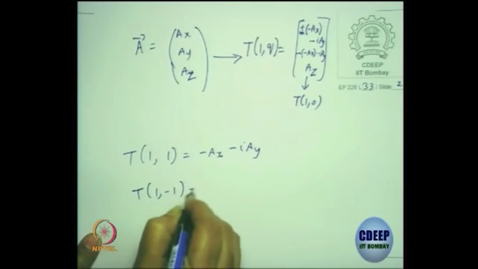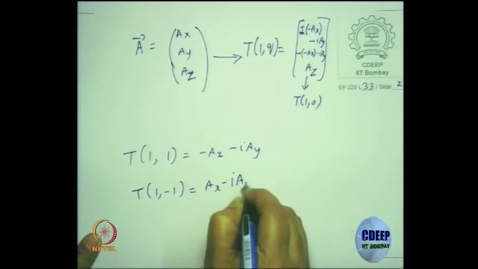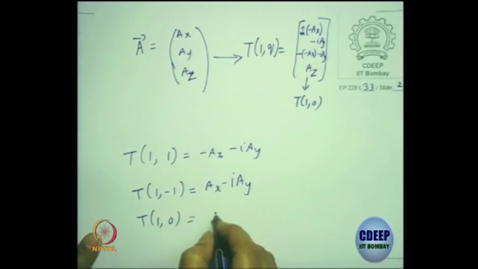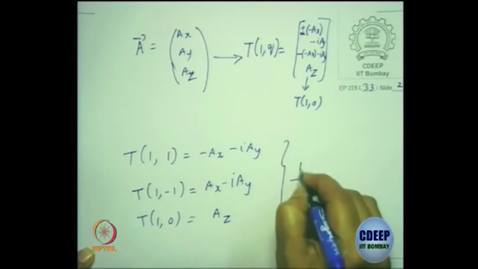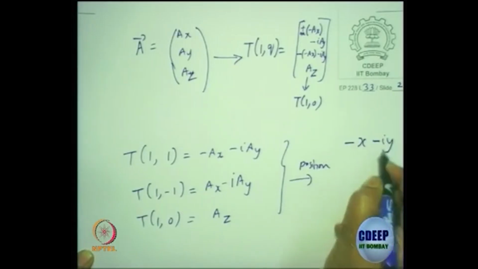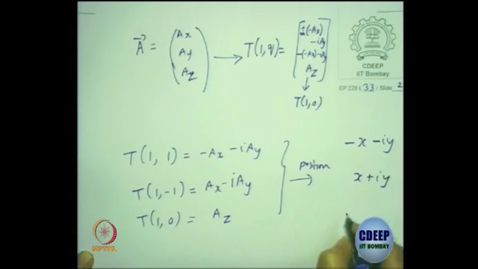T1 comma minus 1 is Ax minus iAy, and T1 comma 0 is Az for any vector including position vectors. If you want to write it for position vectors, this will be x minus iy, x plus iy and z. This is just a convention. We will see why this convention is used.